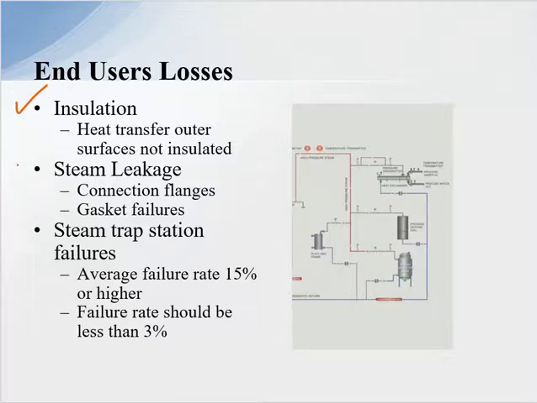Steam leakage is out there, connection failures, flanges, other types of connections, gasket failures, and then steam trap station failures. Average failure rates 15% or higher, unfortunately, out there in the system. But the failure rate should be less than 3%. But it comes up to percentage of our losses out there in the system.